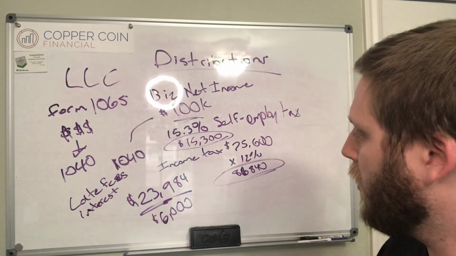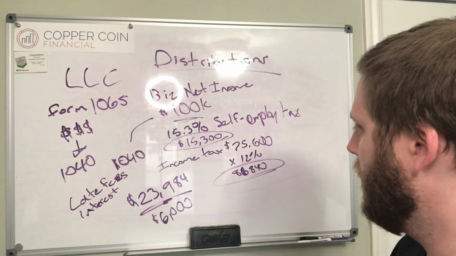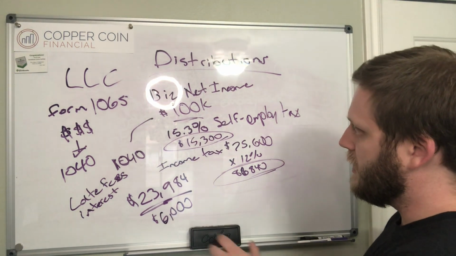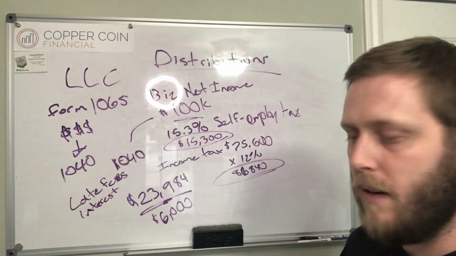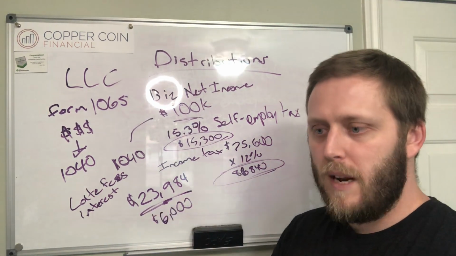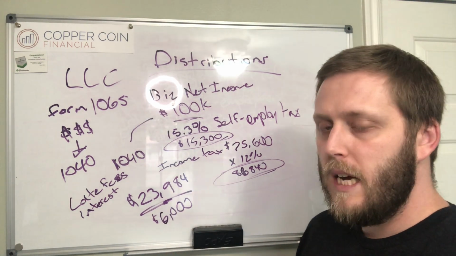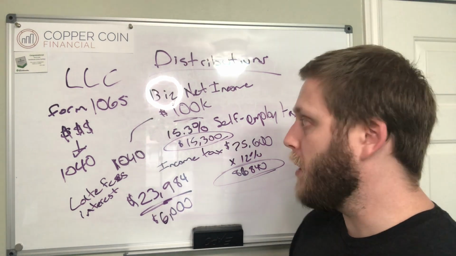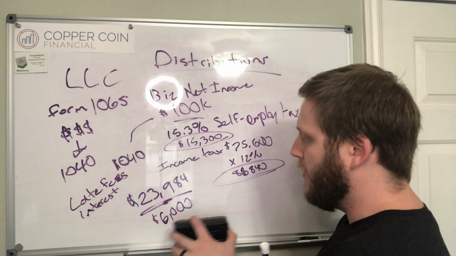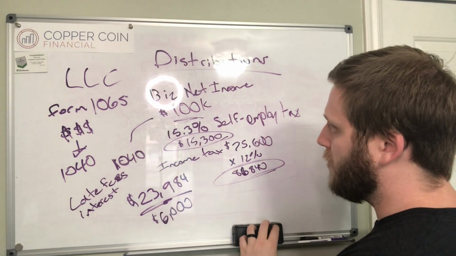If you're a multi-member LLC, same situation. The difference is that instead of having the full $100K be broken out to one person, it's going to be broken out between the partners. So if there's two, it'll be broken out between the two. And that's another advantage of LLCs, is you can actually decide how you want to break this $100K up in your operating agreement, and in your articles of organization.